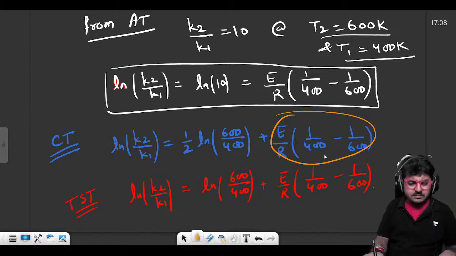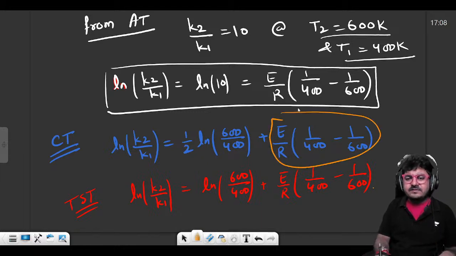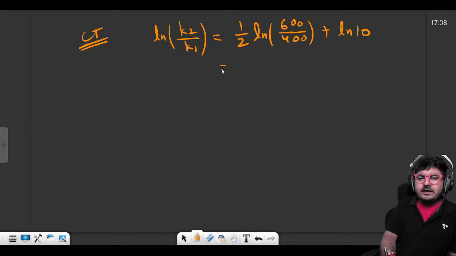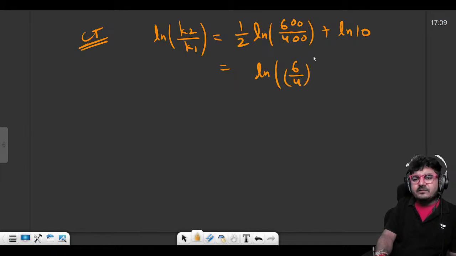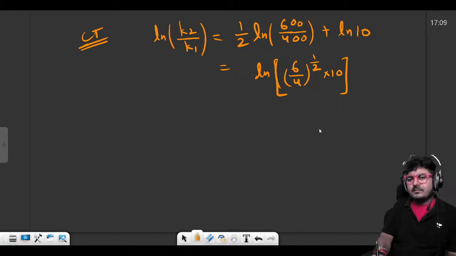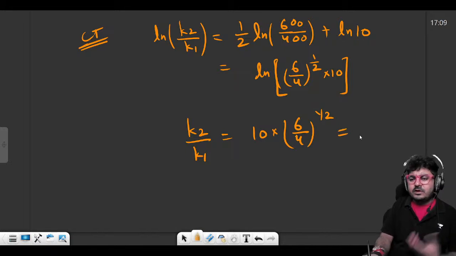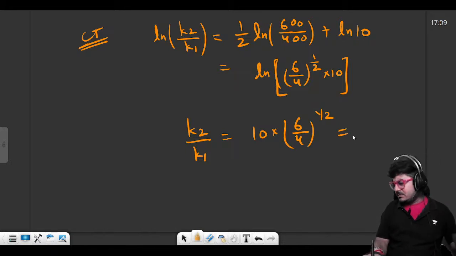You know what this value is? This value is equal to ln 10 from Arrhenius theory. And on the right hand side, this can be written as ln of (6/4)^(1/2) multiplied by 10. Now if you take anti-log, you will get K2/K1 is equal to 10 multiplied by (6/4)^(1/2). So what is the value? You can check.